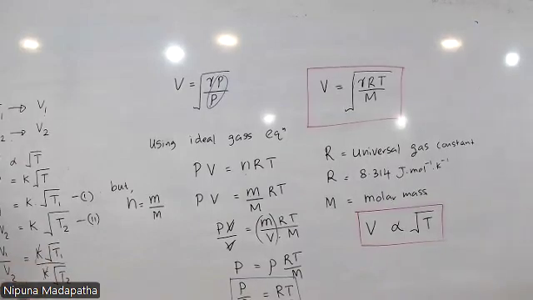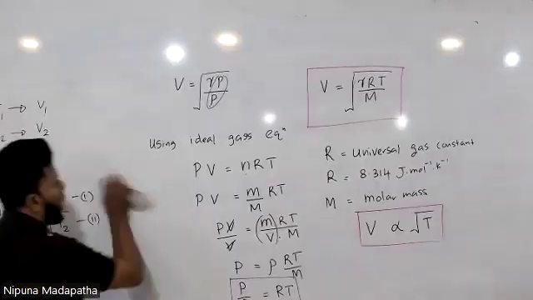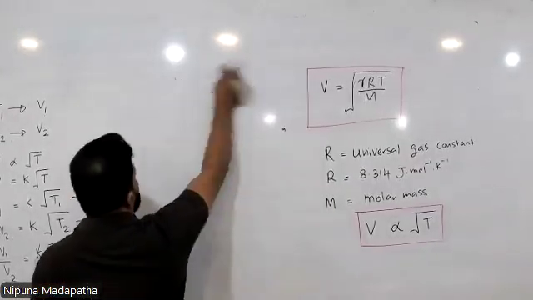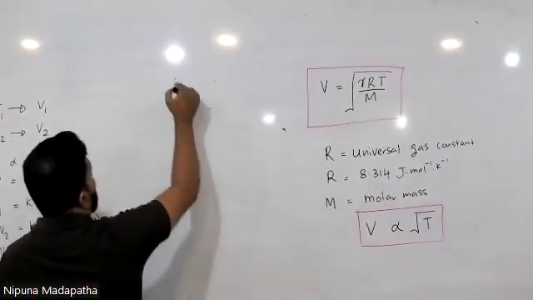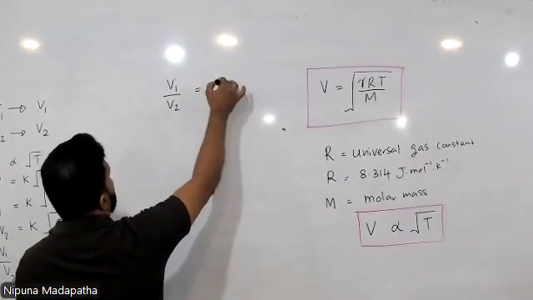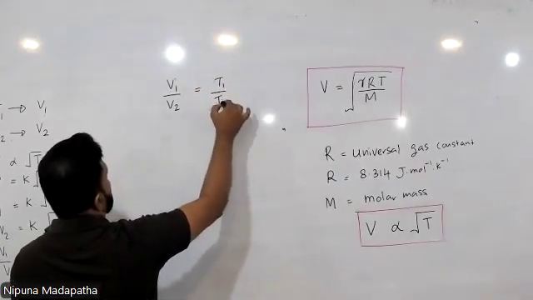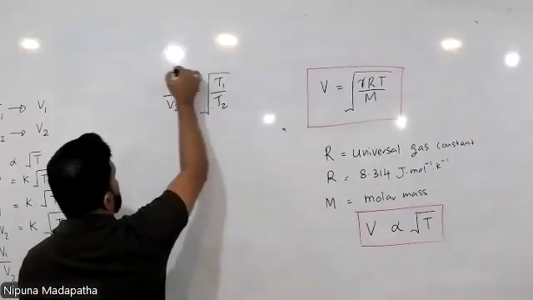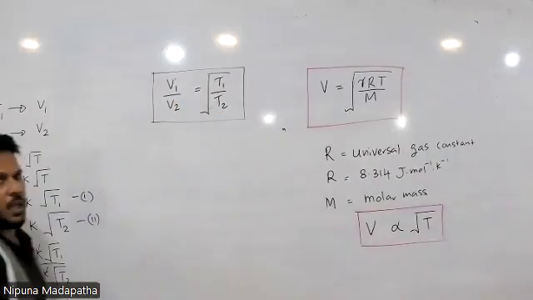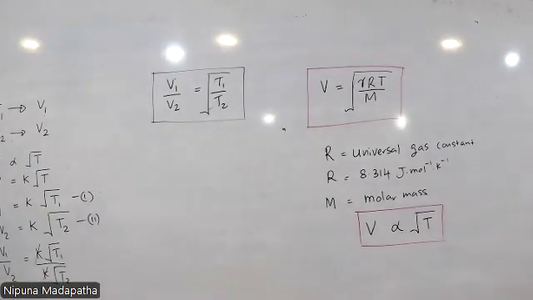We can cancel this constant K. Then finally we have an expression relating V1 and V2 with the absolute temperatures T1 and T2. Here is the final expression. For the same gas at two temperatures, you need to take the ratio of the speed of sound.